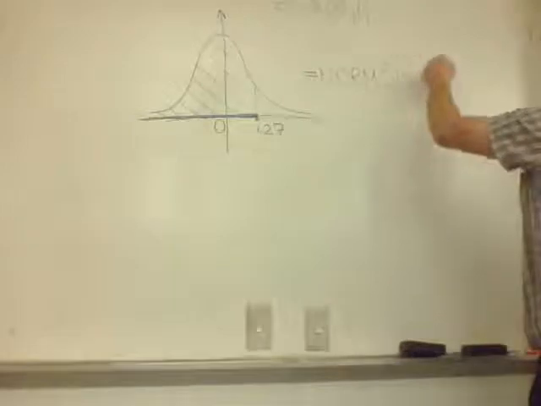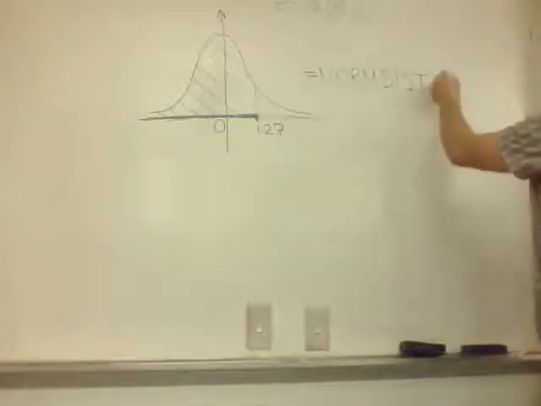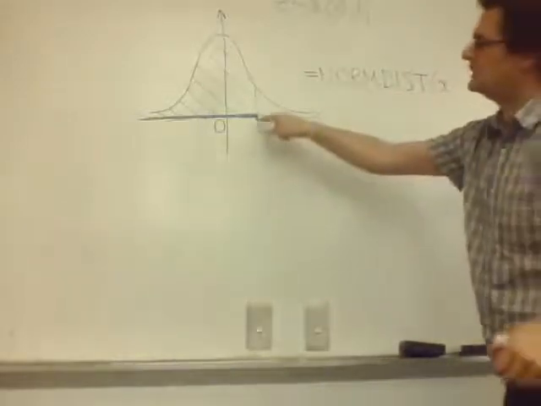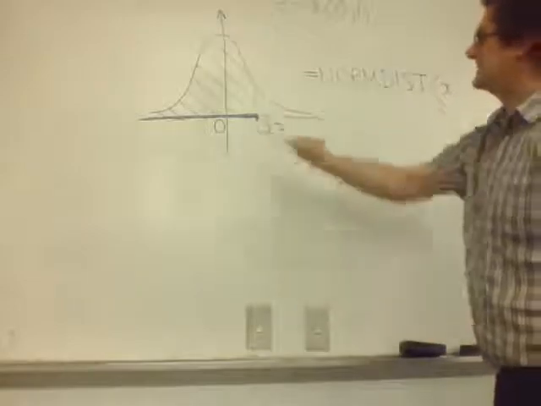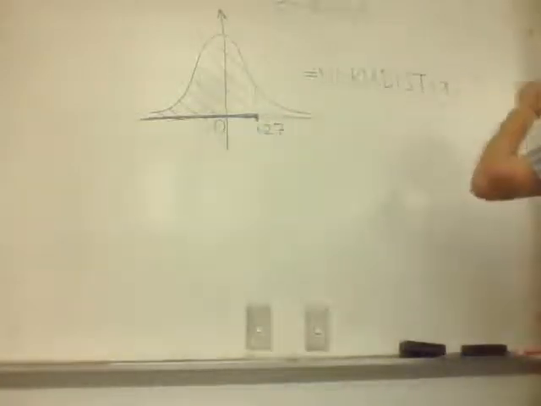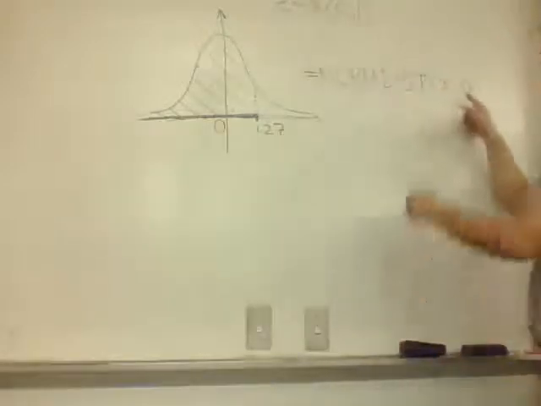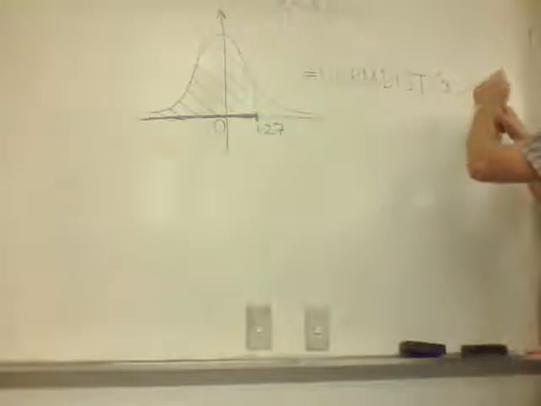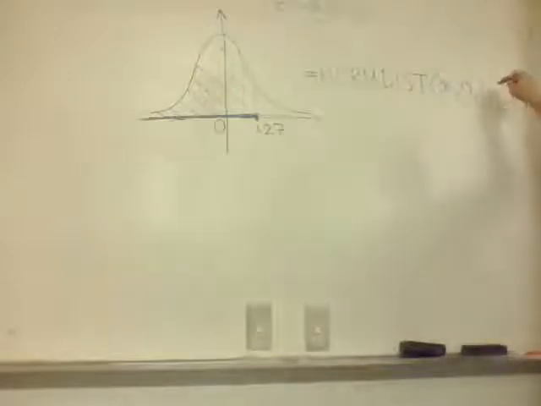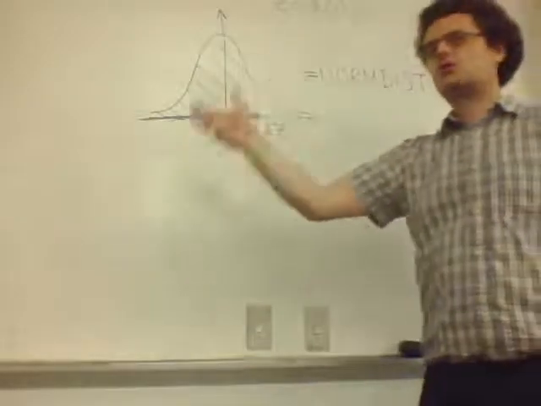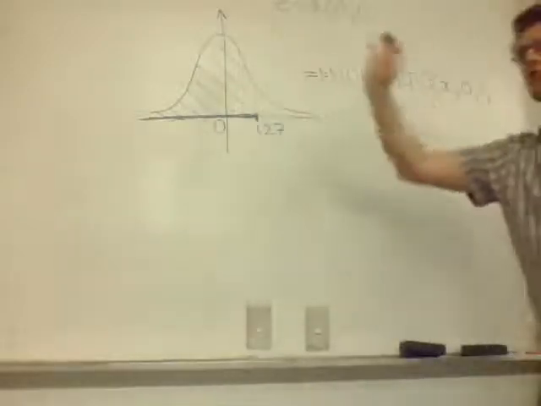Norm.dist, all right, of, and the first value is going to be this number here. Then you need to put the mean of your normal distribution. In our case it's 0. And then you need to put the standard deviation, in our case 1. And then you need either true or false, or either 1 or 0.